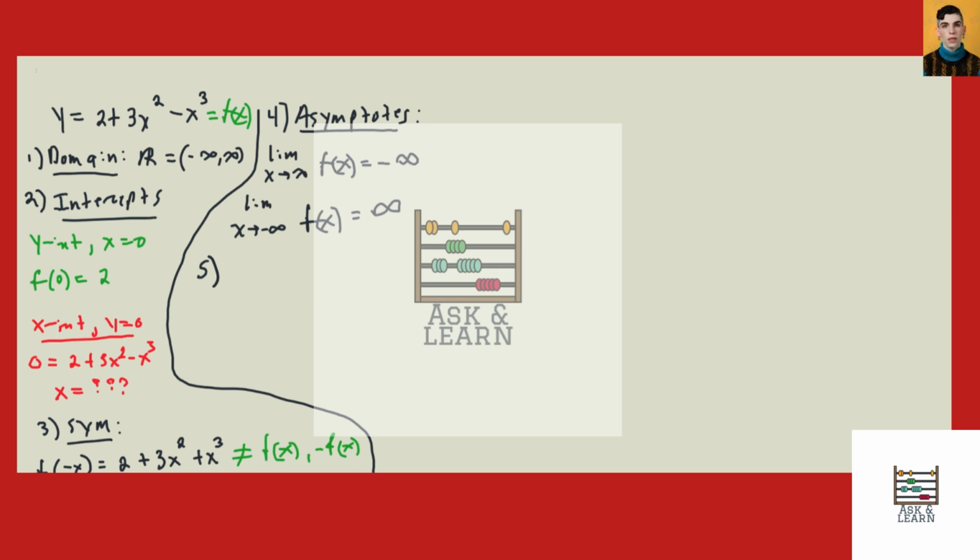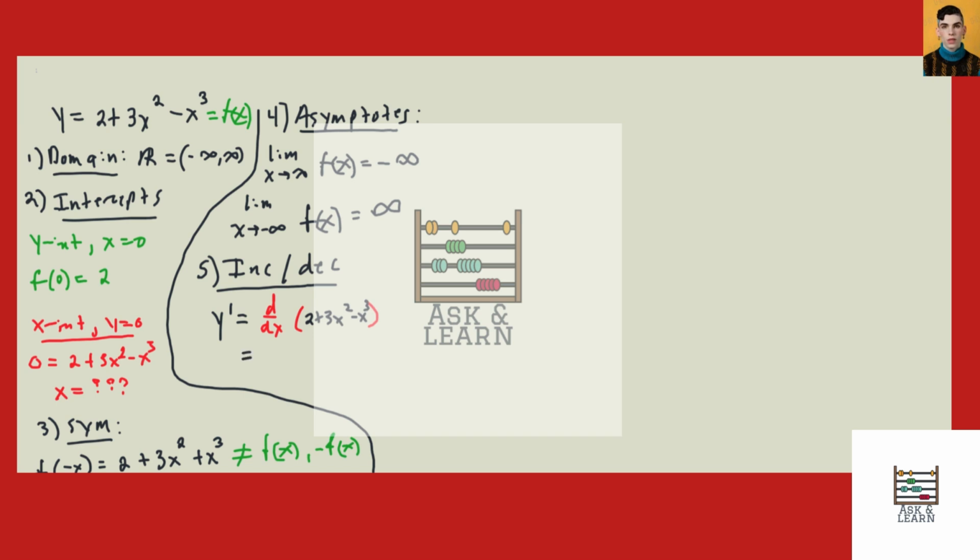Now we want to find intervals where this function is increasing or decreasing. So that means we want to look at what y prime is. So y prime is going to equal the derivative with respect to x of that polynomial, 2 plus 3x squared minus x cubed.